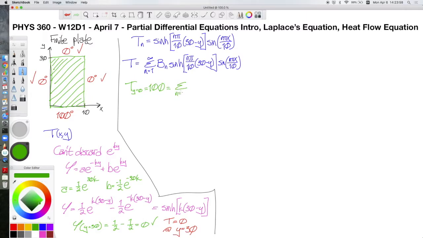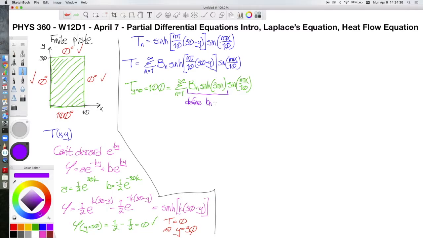We still have the sum from n equals 1 to infinity. We still have Bn. We plug in y equals 0. We get the sinh of 3 pi n. And then we still have that sine of n pi x over 10 at the end. And now we are ready to actually define our value for little bn, the regular one from the Fourier coefficient. We are going to define all of this out front, since sinh of 3 pi n is just going to be a number, not a formula.